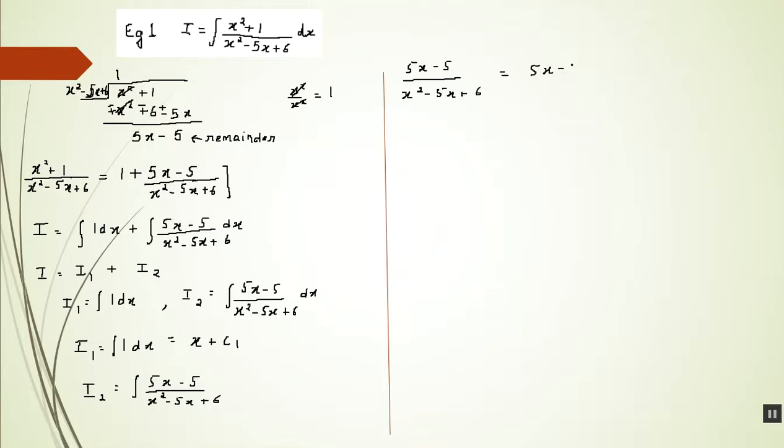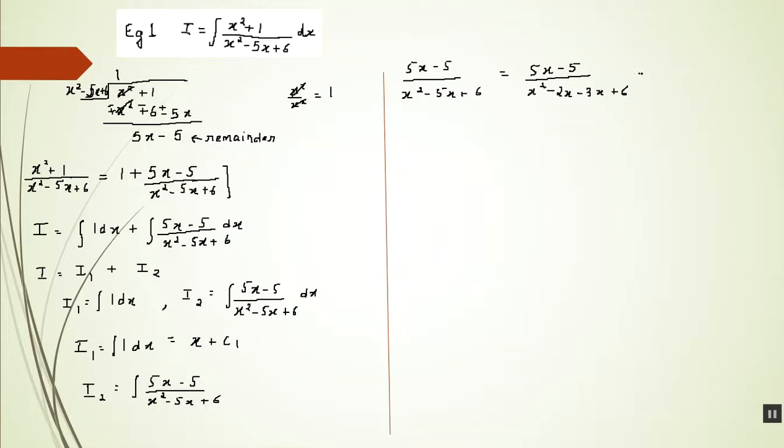5x minus 5, and I factorize the denominator. So I get x square minus 2x minus 3x plus 6, right?